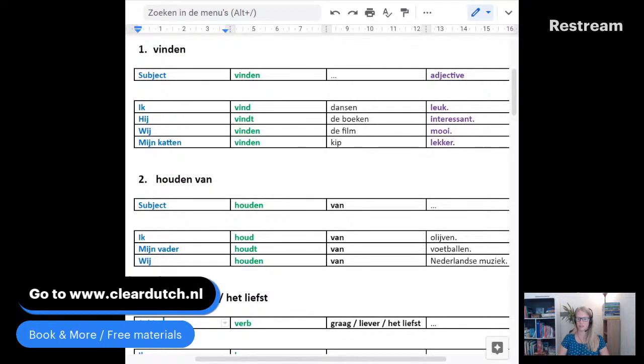Here are the structures. Ah, Afrikaans. Oh yeah. Afrikaans is a language that may have similar words, but I guess the grammar is quite different.